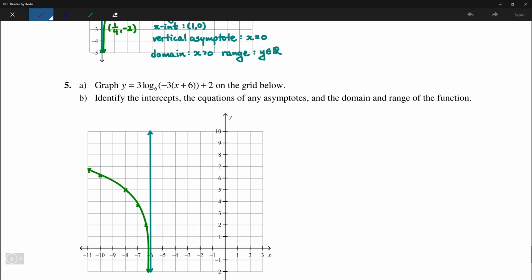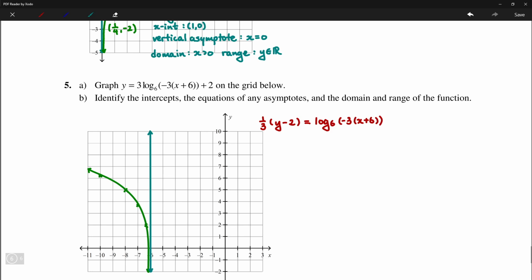So we can rewrite the function as (y minus 2), and this would be all multiplied by 1/3, is equal to log base 6 of (-3 times (x plus 6)).